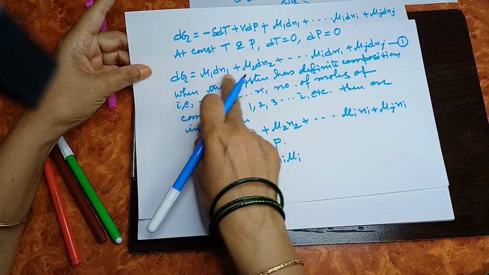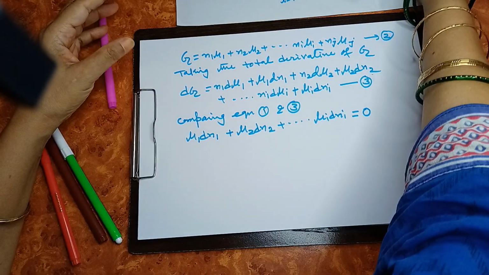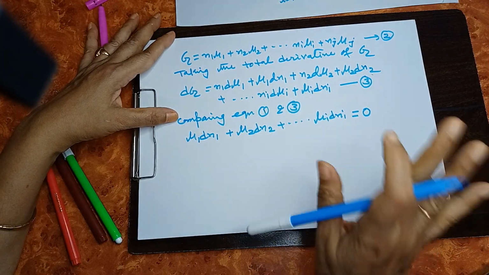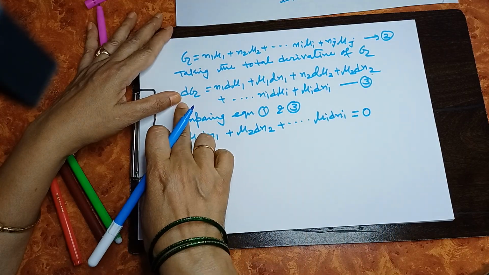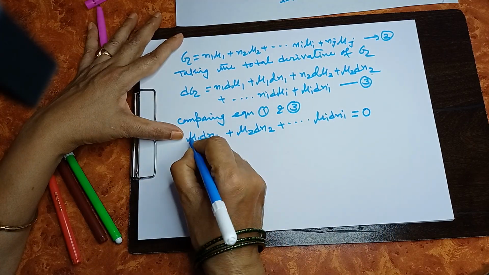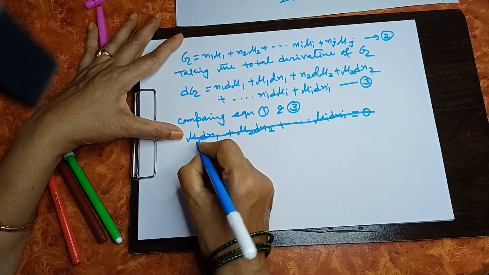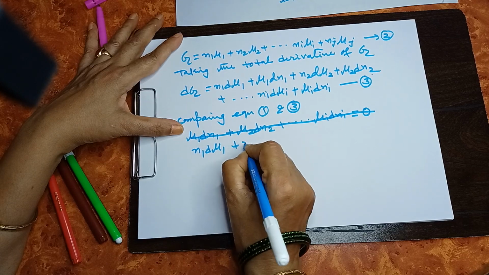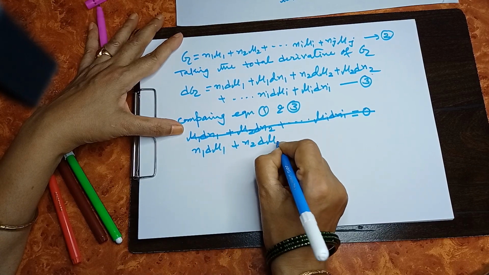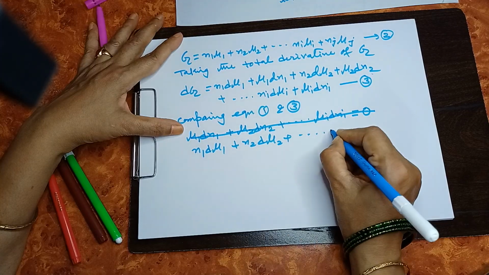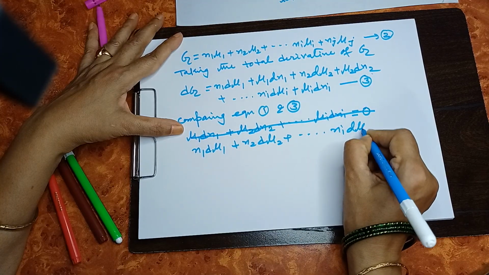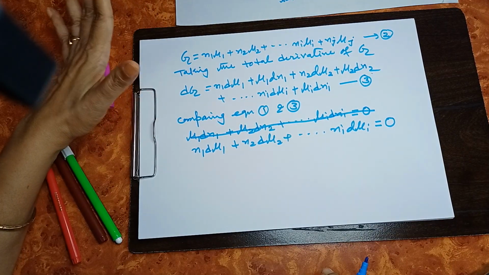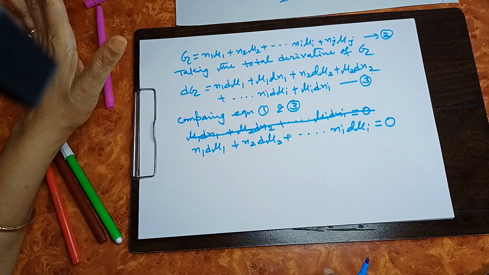Equation 1 is mu 1 dn1 plus mu 2 dn2, and equation 3 also has mu 1 dn1 plus mu 2 dn2. In that place I can write dG, which will get cancelled. So what is left over will be n1 d mu 1 plus n2 d mu 2 plus dot dot ni d mu i, which is equal to 0.